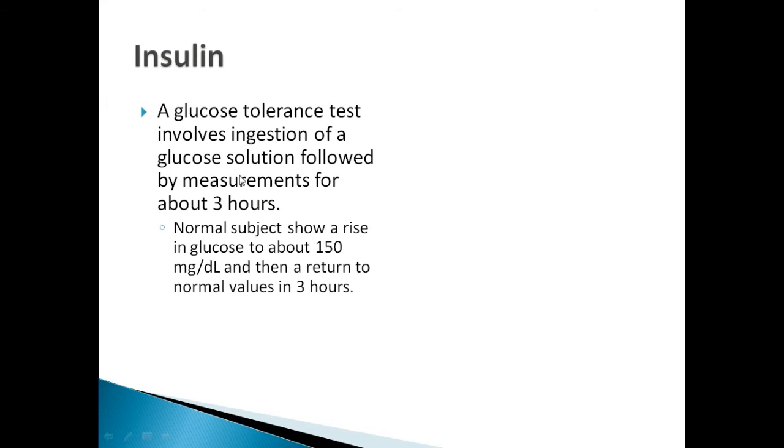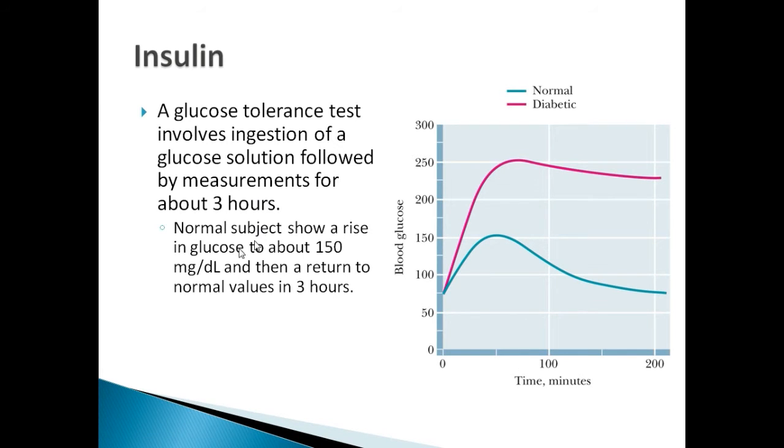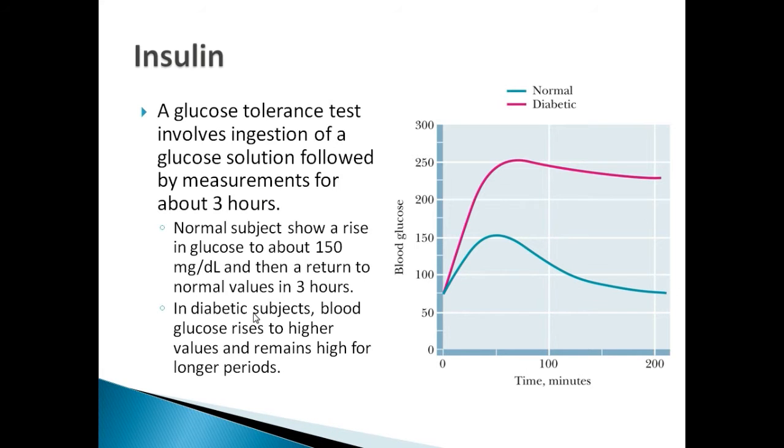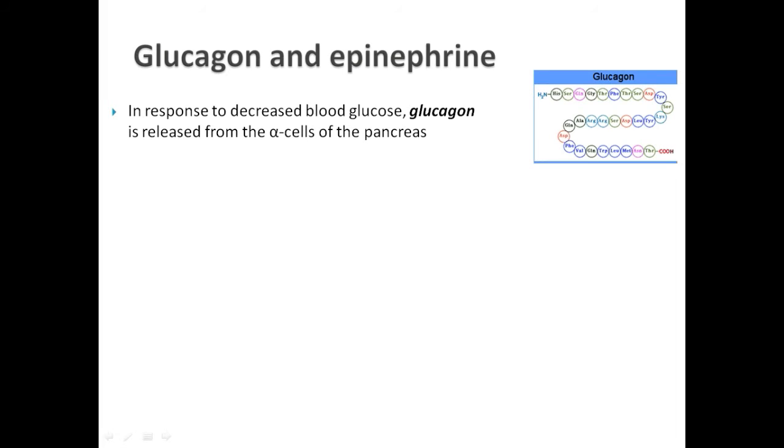You normally just drink a glucose solution, and then they follow your blood glucose levels over a period of time. When we plot those measurements, a normal subject will show a rise after they've ingested the glucose, but it should return to normal blood glucose levels within about 3 hours. However, in a diabetic subject, the blood glucose will rise higher and remain high for a very long time, and that is what we call hyperglycemia, which can be very damaging in various forms throughout various places in the body.